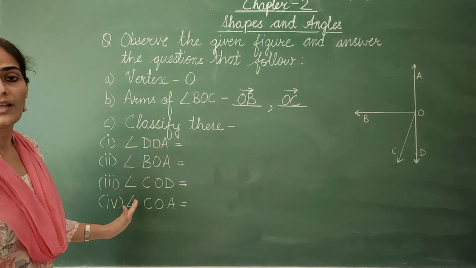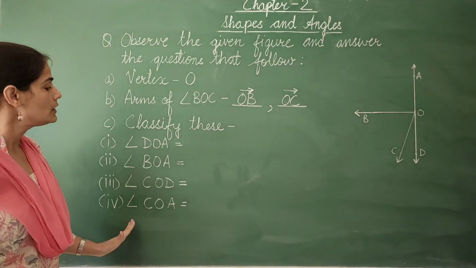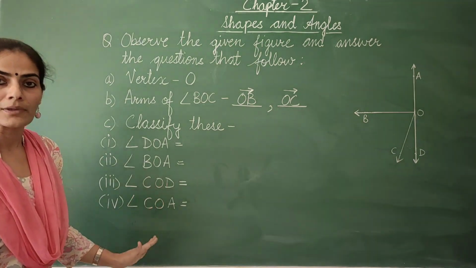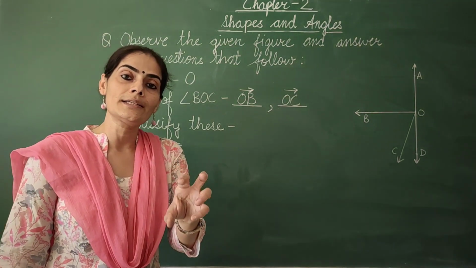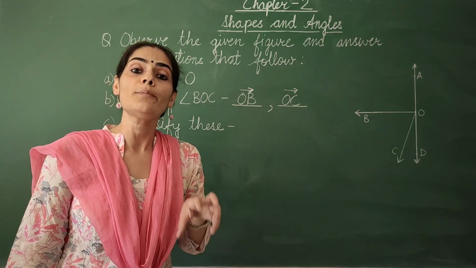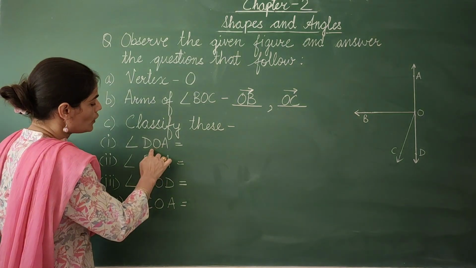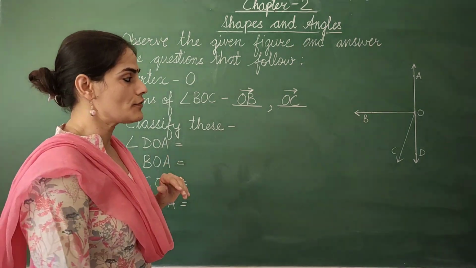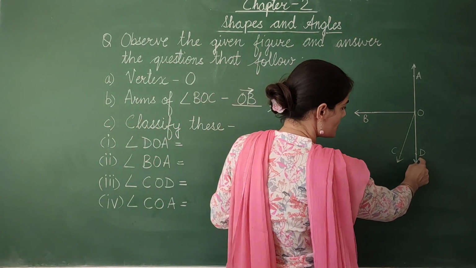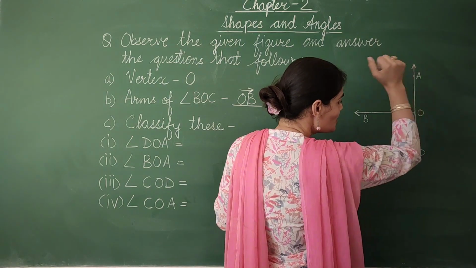So, the third part of this question is classify these angles. I have mentioned the names of several angles here. You need to classify them. Classify means to write its type. What type of angle is it? So, let's look for angle DOA in the figure. Where is point D? It's here, DOA.